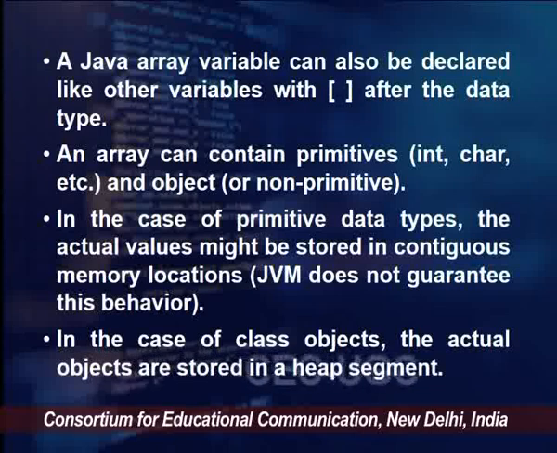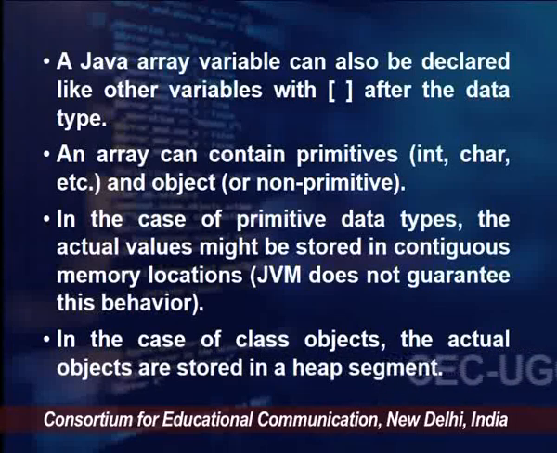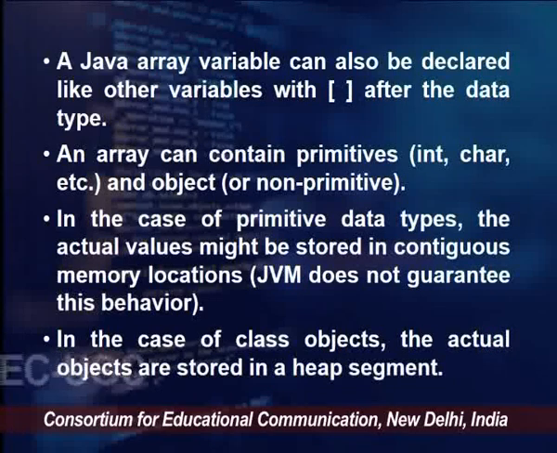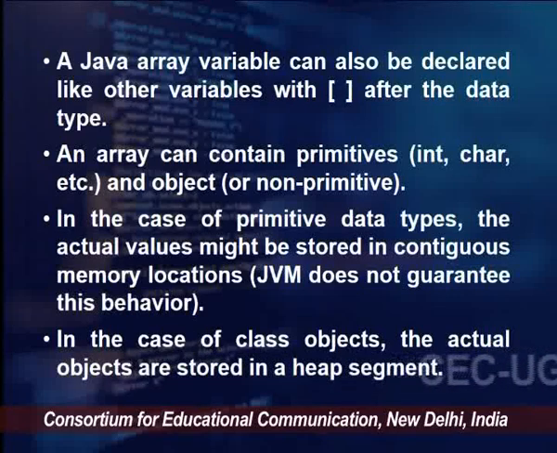Now one thing which is very important here is, in case of primitive data types, the actual values might be stored in continuous memory locations. Why am I saying that they might be stored in continuous memory locations? Because the JVM, or Java Virtual Machine, does not guarantee this behavior.